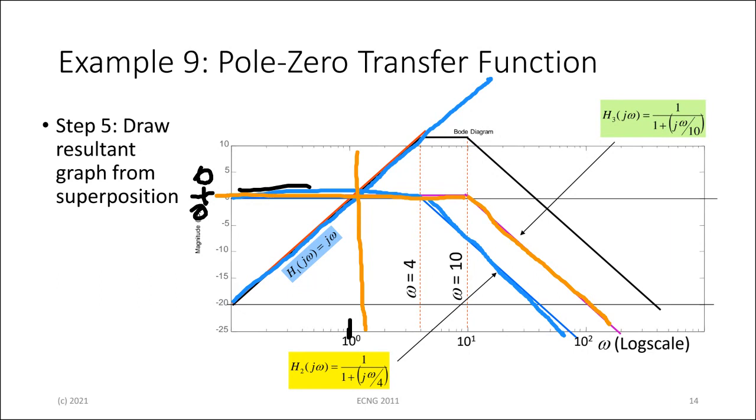So the sum of all three responses up to here is a line like that. Between 1 and 4, we have the zero increasing at 20 dB per decade, and we have the two other transfer functions still at 0. Yeah? So the net response is that it's still going to keep increasing at 20 dB per decade.